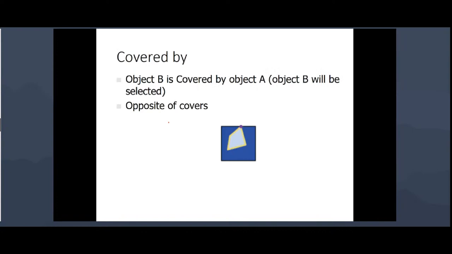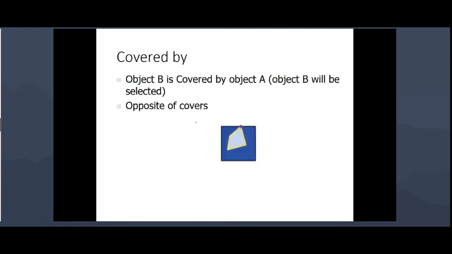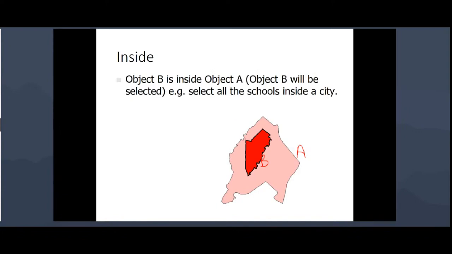In case of covered by also, inside and covered by are the same. Only difference is inside means completely inside, and in case of covered by there can be touching from the inside. Internal touching is possible. In case of covered by relationship also the inside feature gets selected, but there is touching, whereas in case of inside the object was completely inside.